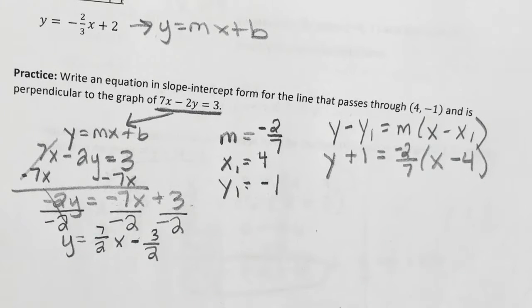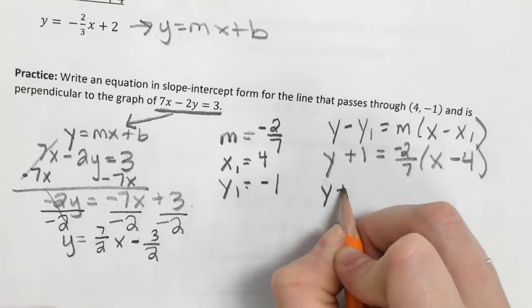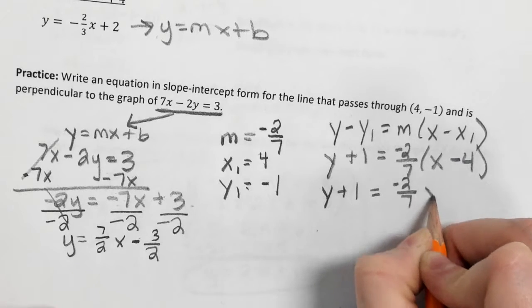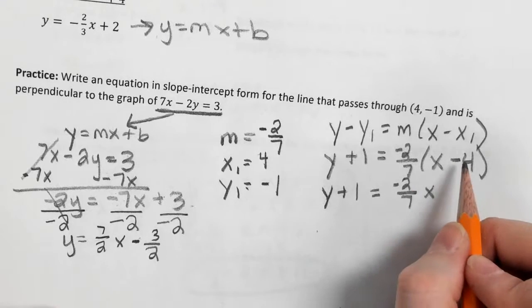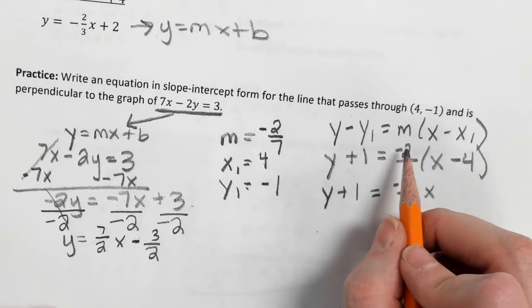Now you want to get that into slope-intercept form. So this is negative 2/7 times negative 4. I don't need my calculator. I'm just multiplying the numerators.